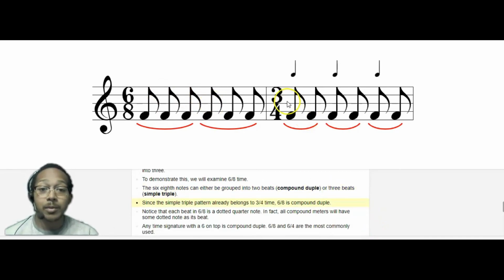We can also superimpose the 3/4 time signature over here for the same pattern, dividing it again into 3 beats.